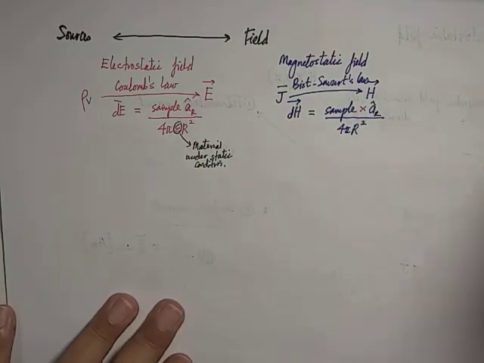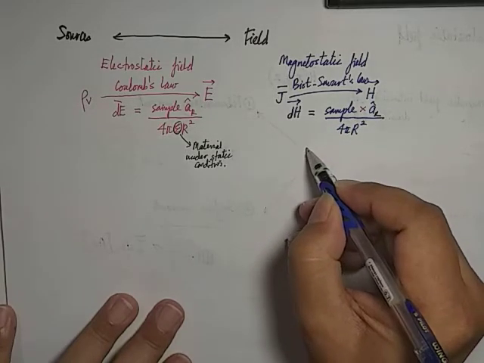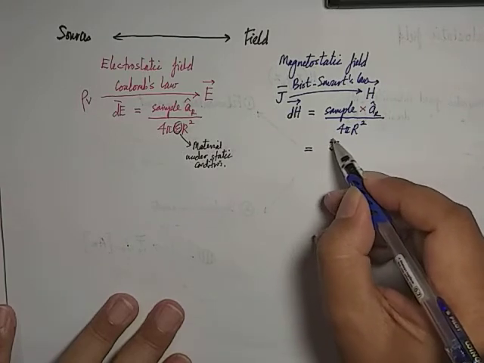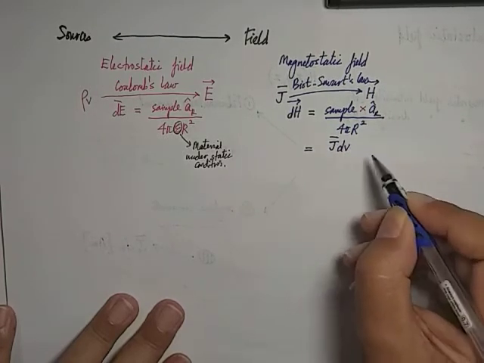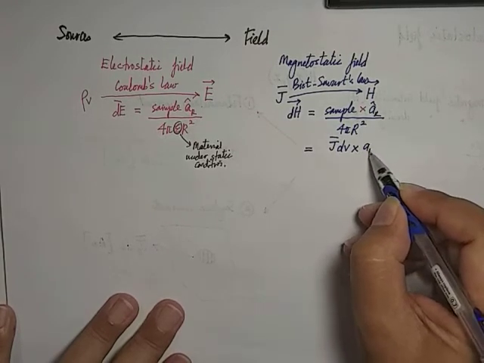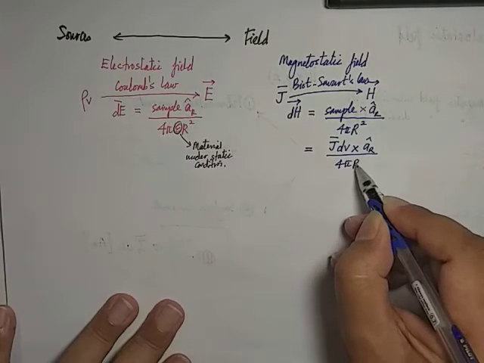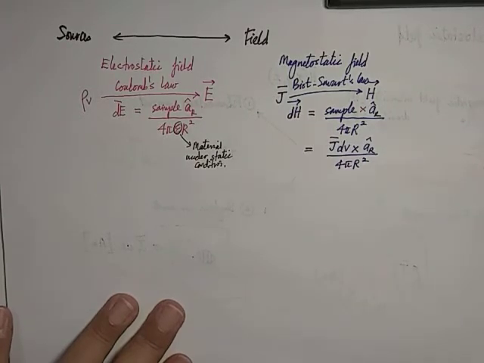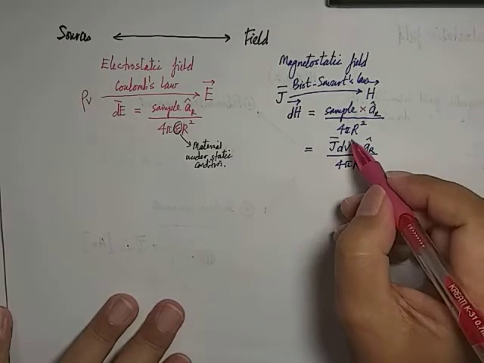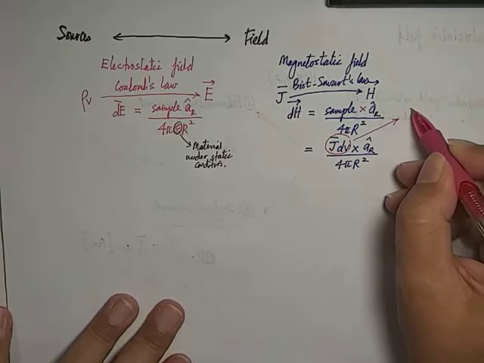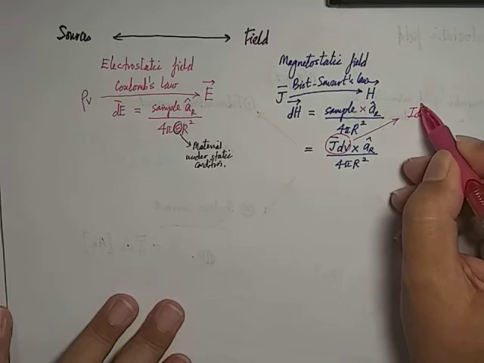That should be the second difference between Biot-Savart and Coulomb's law. So we're going to rewrite the equation in more detail now. It's going to be equal to, since we are dealing with volume current, vector J dV cross aR divided by 4 pi R squared. Okay, so that should be the equation. If the current now changes into filament current, this term just needs to be changed into I dl vector.